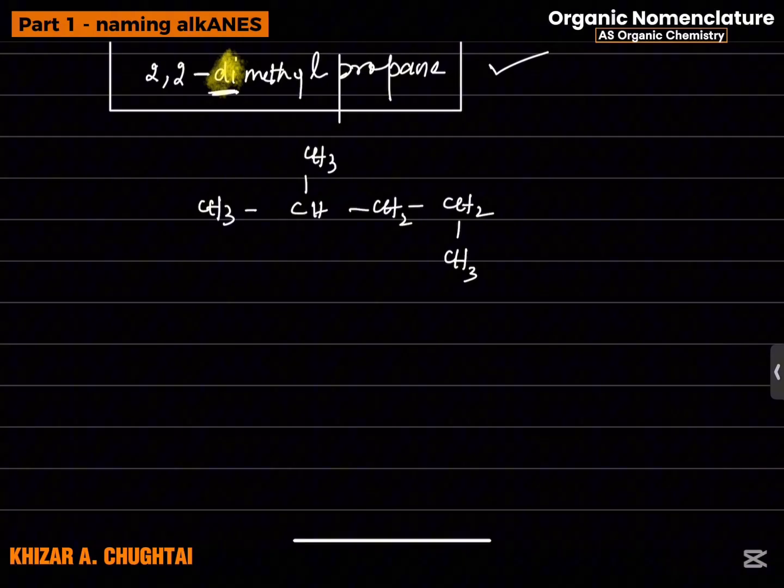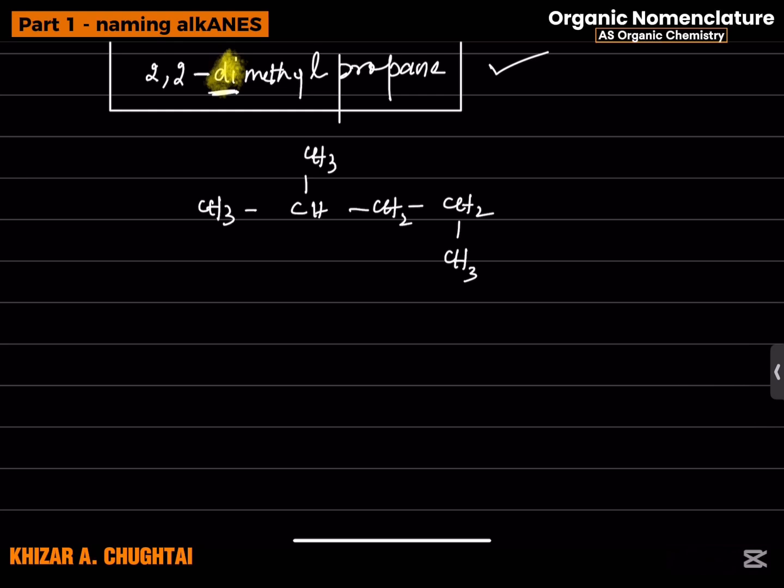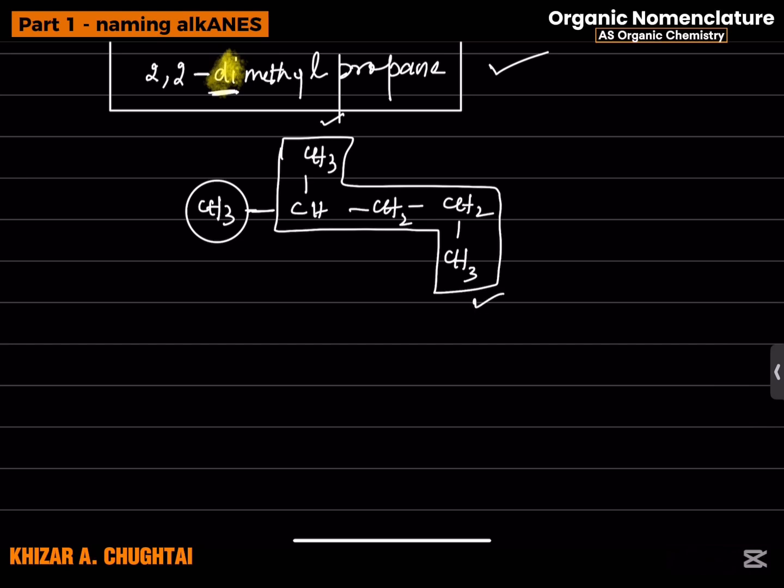First, select the longest chain. If I am taking this longest chain, a continuous chain of maximum carbons, the rest is a branch. So from where to start numbering? There are two ends of the chain.